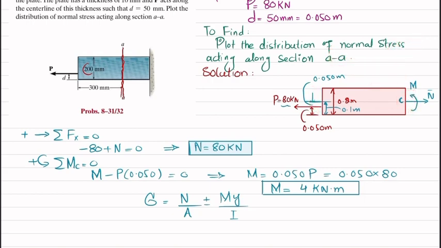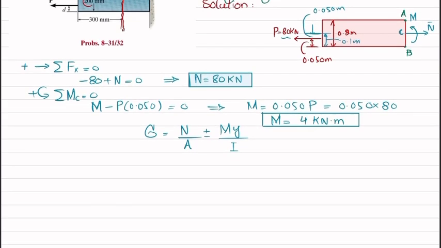Let the upper point be represented as A and the lower point as B, because we are going to plot the stress distribution along AB. So stress at point A will be compressive, equal to N by A minus M into Y divided by I, while stress at point B will be tensile, so it will be N by A plus My divided by I.